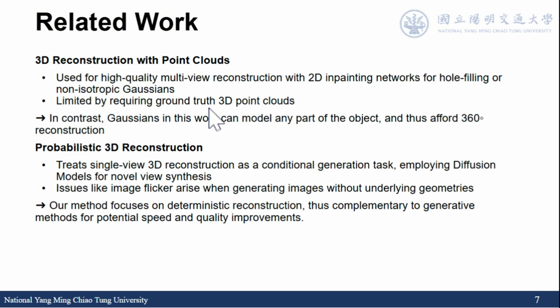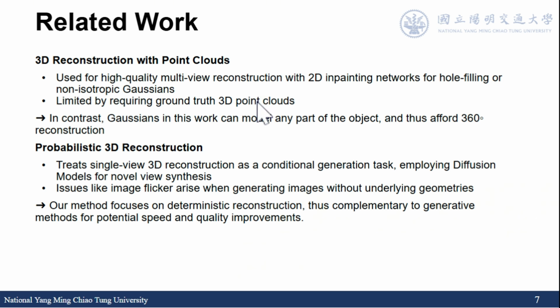Another approach used in the field of 3D reconstruction involves point clouds and probabilistic methods. For 3D reconstruction with point clouds, this approach is commonly used for high-quality multi-view reconstruction, where techniques like 2D embedding networks are employed for hole filling or isotropic Gaussians are used for better representation.